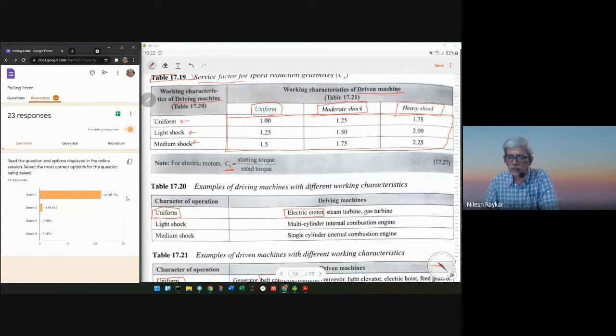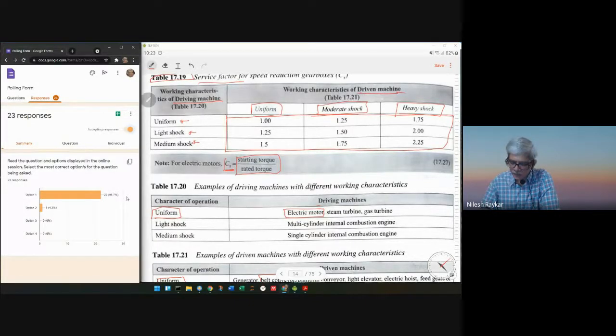In case of electric motors, sometimes the service factor is defined in terms of the starting torque by rated torque. Usually electric motors will have a high starting torque, so momentarily the gear train attached to the electric motor will have to sustain that higher torque.